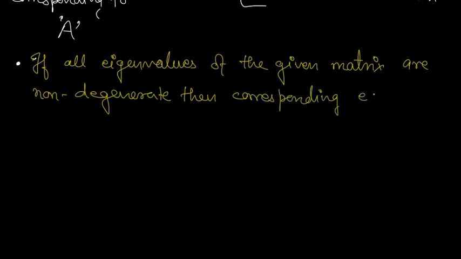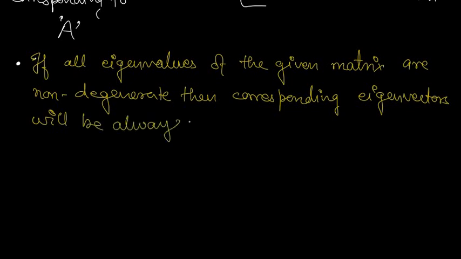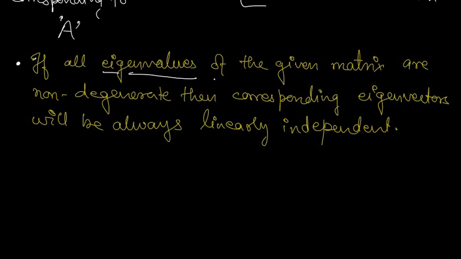Non-degenerate, then the corresponding eigenvectors will always be linearly independent. So the claim is that if the eigenvalues of a matrix are non-degenerate, then the corresponding eigenvectors will always be linearly independent, which is what we want.